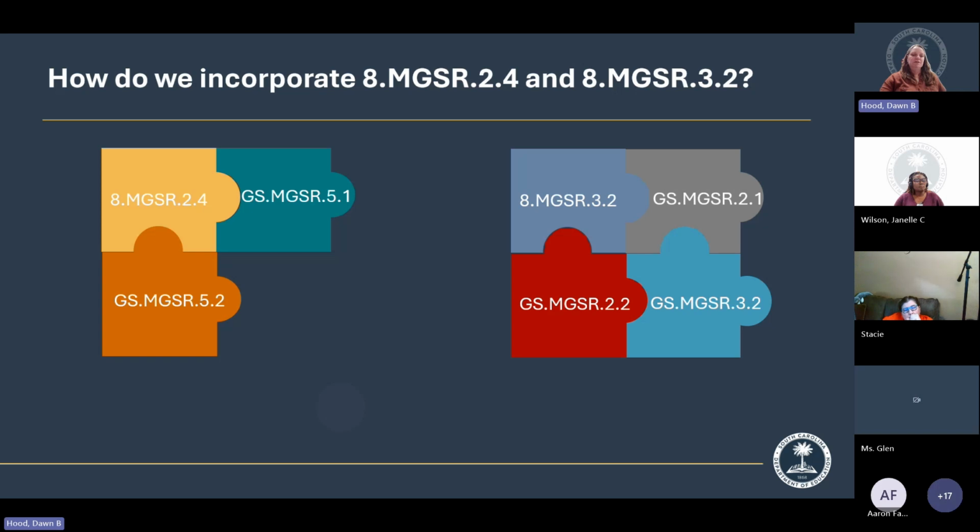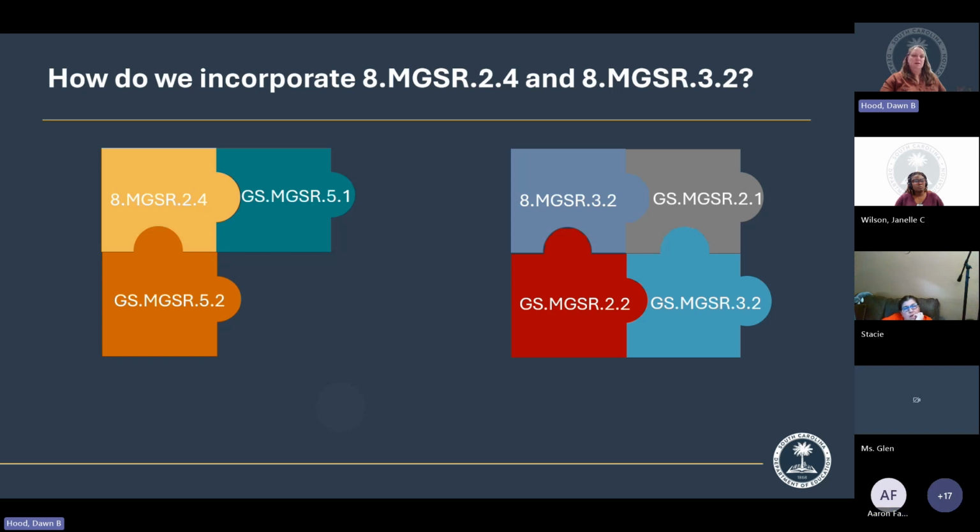Then with 8.3.2, you can combine that one with quite a few. You've got GS MGSR 2.1, 2.2, and 3.2. So 2.1 is describe the results of transformations on a given figure using geometric terminology from the definitions of transformations. 2.2, describe and apply a sequence of transformations that maps a pre-image onto its image. 8 MGSR 3.2 was identify congruent angles and congruent line segments of a pre-image and its image.